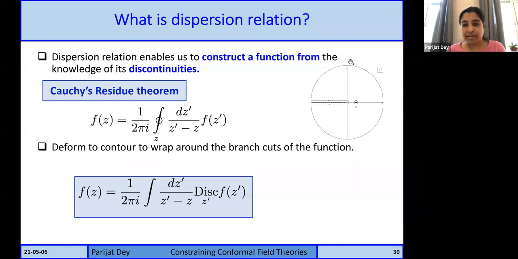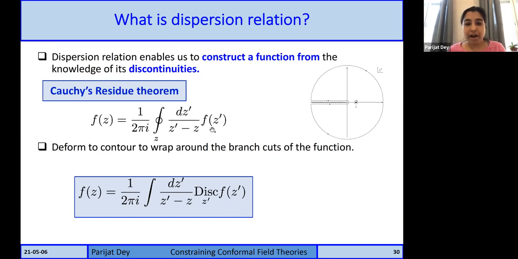So this is the z prime plane, and z is any arbitrary point in this plane, and this small circle around this point z is the initial contour. So if we evaluate the residue, we get the function back.